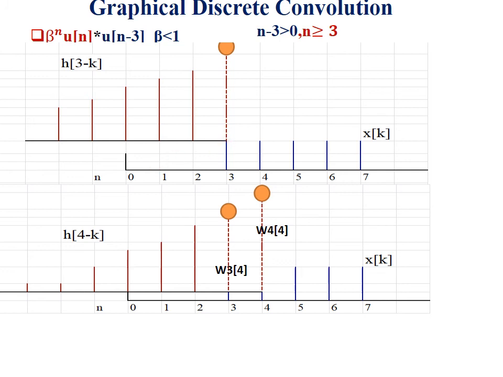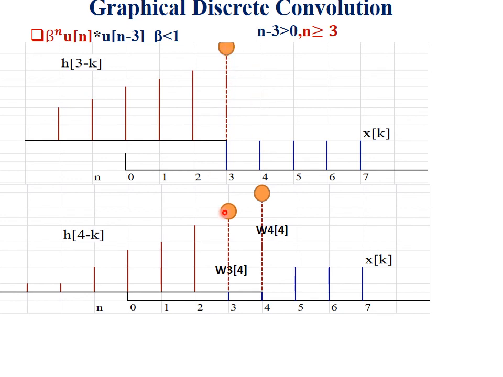Similarly, let us now try to shift the signal by one value, thereby giving us W4 of 4 and W3 of 4. Y of 4 would be a summation of W3 of 4 and W4 of 4, as has been mentioned in the procedure slide.